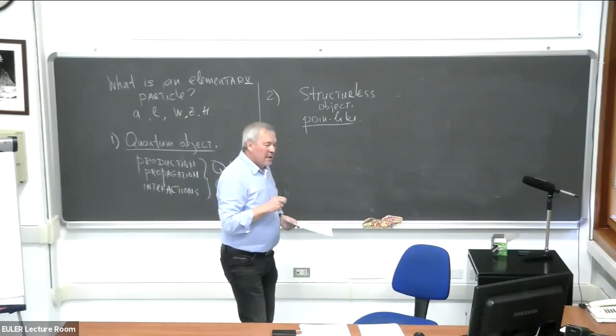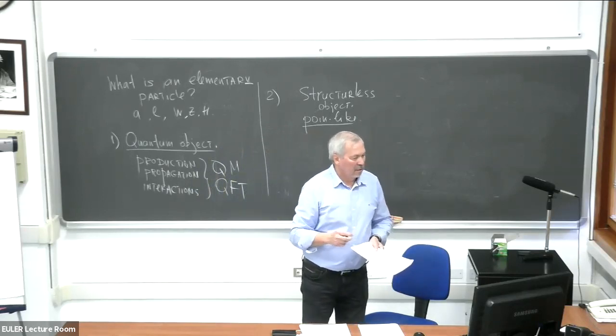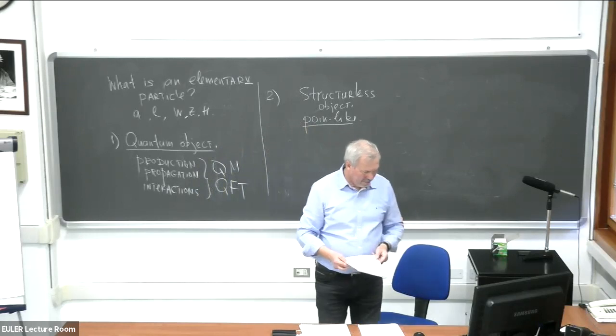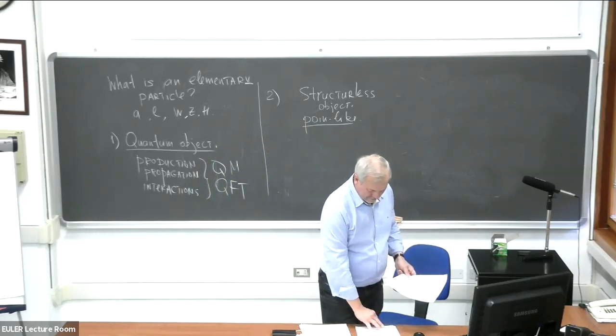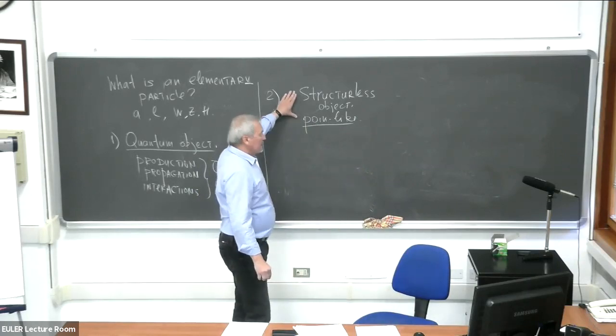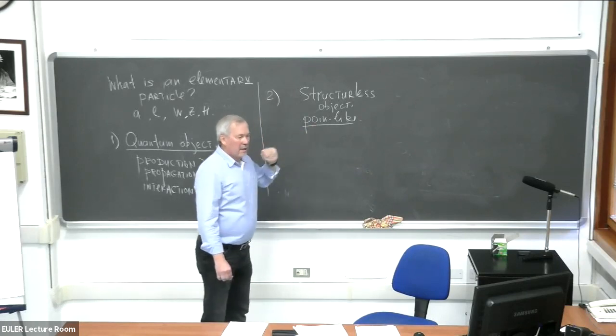Now the question is, how do we establish that a particle is structureless, is point-like? Tell me. So how do we test that some object is structureless, at least at some certain level?